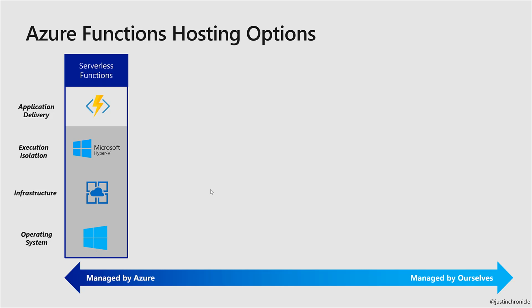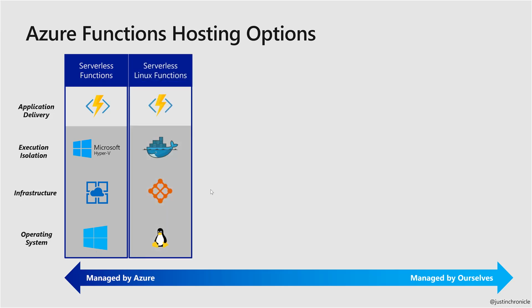All other environment is managed by Azure. The serverless Linux function is also one option. The operating system is changed from Windows to Linux, and the infrastructure moves from App Service environment to Service Fabric, running on the Docker daemon, and we just deploy the same code.